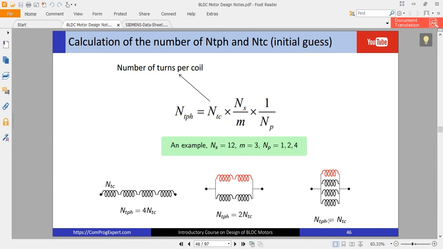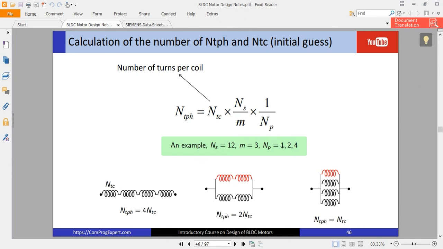So as you can see here, in general, we can write this equation. Number of effective turns per phase, I mean number of turns between 2 terminals of each phase, is equal to NTC times NS divided by M, that is number of coils in each phase, divided by NP.